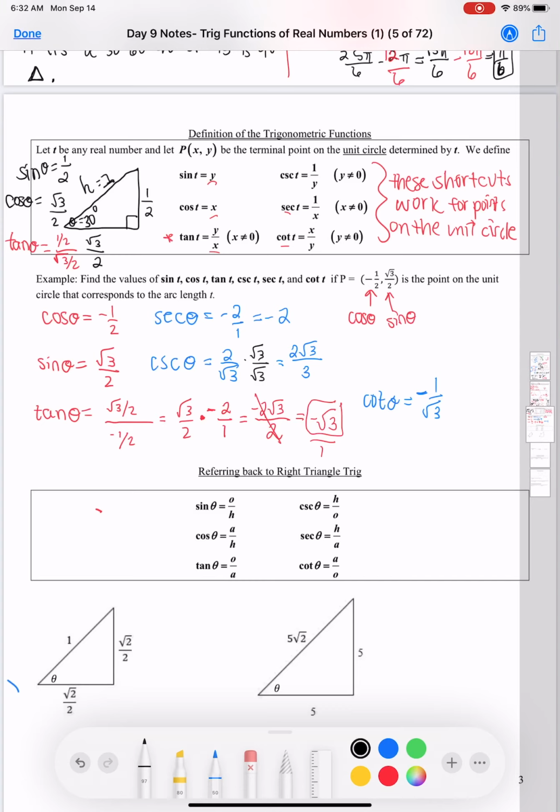Don't want that square root symbol in the denominator, so to get rid of it, multiply by √3 on top and bottom. And so across the top, I have -1 times √3, and then √3 times √3 is just +3. Okay, so there's an example of how we can find all of our trig functions only given one point on the unit circle.